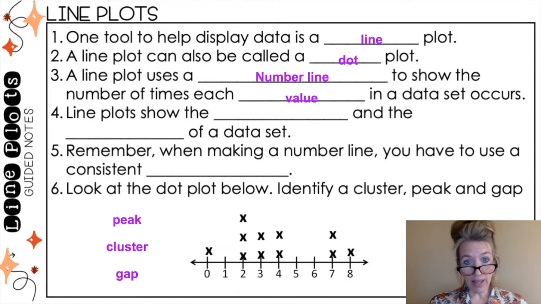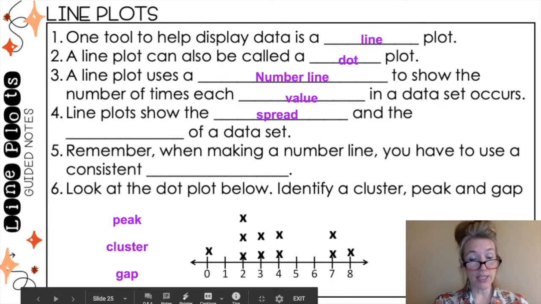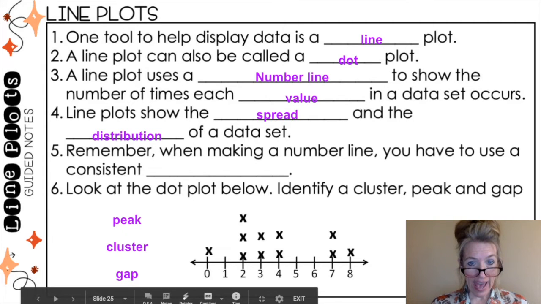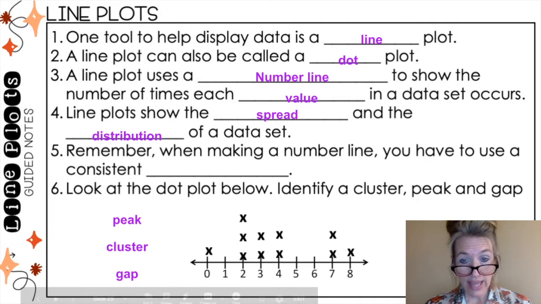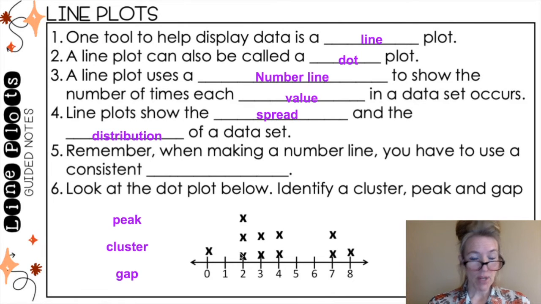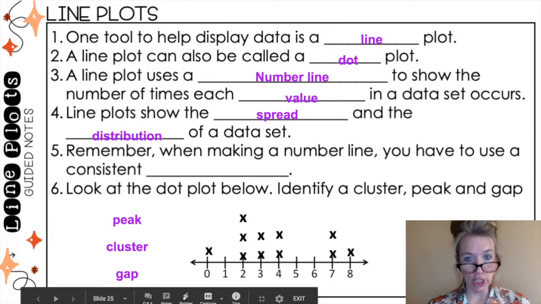A line plot shows the spread of our data, and it also shows the distribution of our data set. So at a glance, we can quickly see how our data is arranged. I can see in this number line that our range is from 0 to 8, and the number that occurred most frequently is number 2.